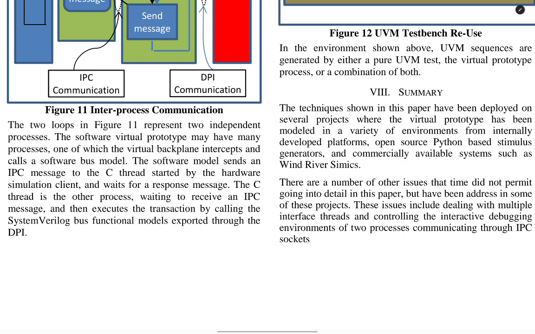The software virtual prototype may have many processes, one of which is the virtual backplane that intercepts and calls the software bus model. The software model sends an IPC message to the C thread started by the hardware simulation client and waits for a response message. The C thread is the other process waiting to receive an IPC message, and then it executes the transaction by calling the SystemVerilog functional models exported through the DPI.